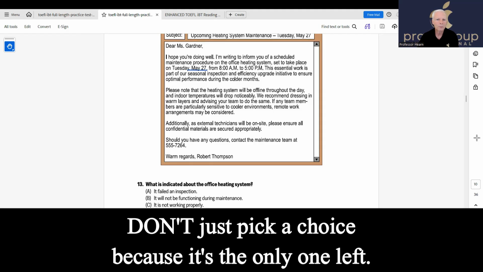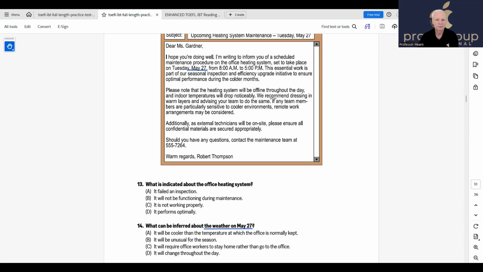However, remember that we had 3 sentences that we read. The related sentence states the essential work is part of our seasonal inspection and efficiency upgrade initiative to ensure optimal performance during the colder months. Colder months. But I'm not sure if that is really related to May.